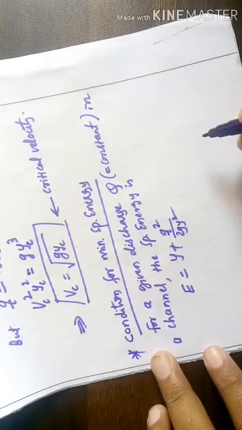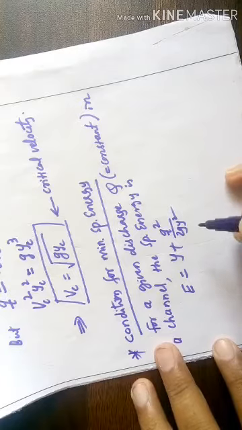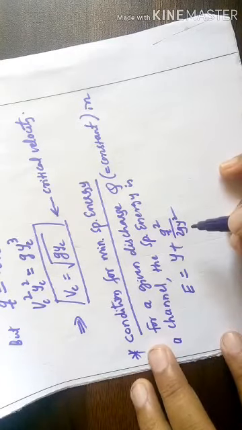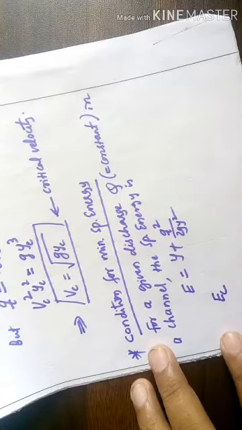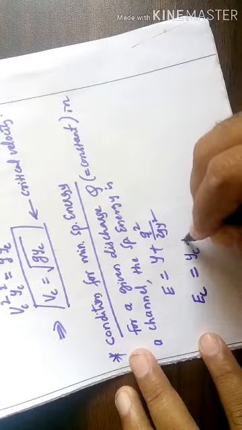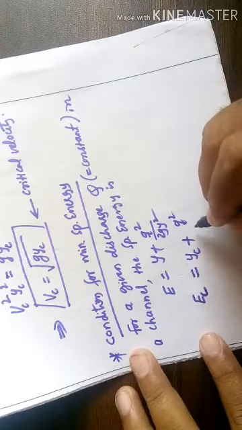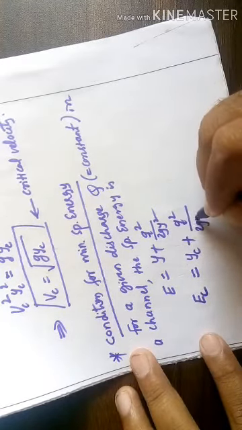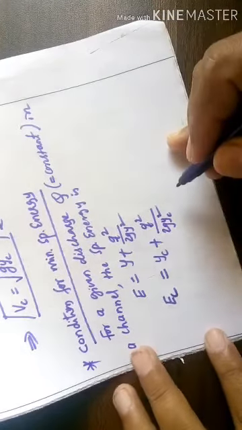And for minimum specific energy in terms of critical depth, if we want, then Ec can be written as, in terms of critical depth, this is a critical energy, that is a specific energy. It can be written as yc plus q square divided by 2g yc square.